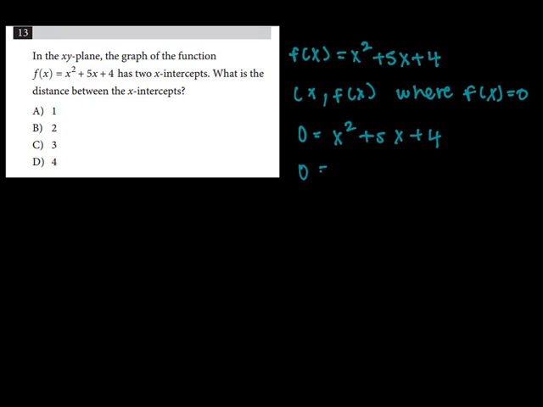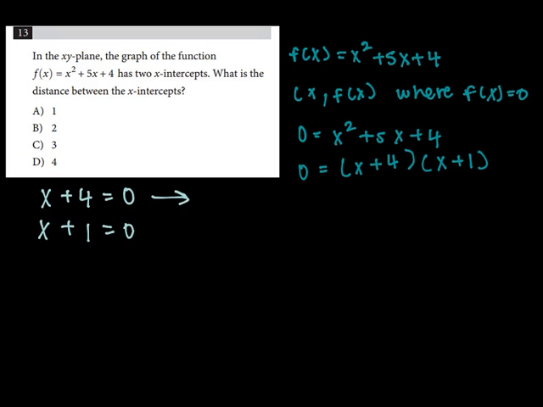Now we can rewrite this as 0 equals (x + 4)(x + 1). This means x + 4 = 0 and x + 1 = 0. If we subtract 4 on both sides, we get x = −4, and if we subtract 1 on both sides, we get x = −1.